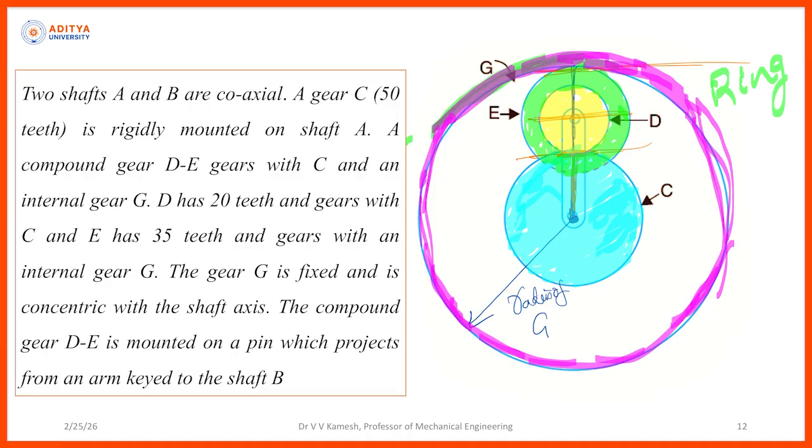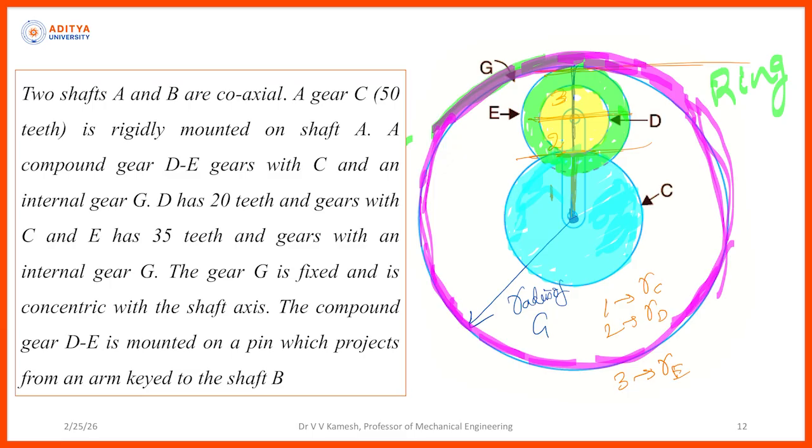Now from here to here, suppose I am saying this is 1, this is 2 and this is 3. What is part 1? Part 1 is the radius of C. What is part 2? Radius of D. What is part 3?